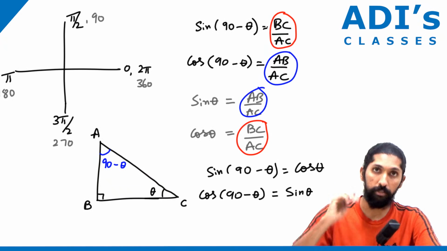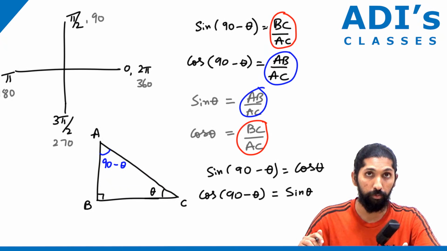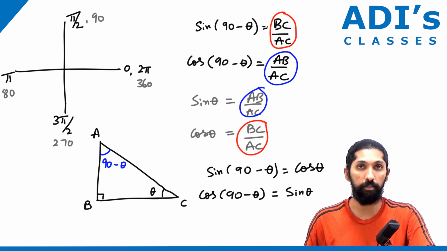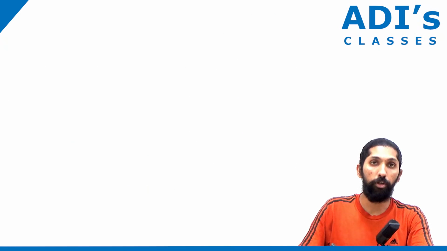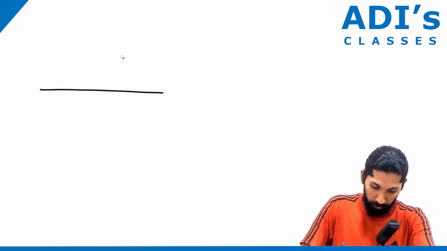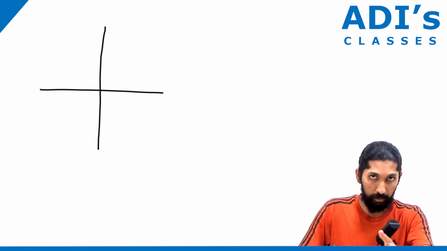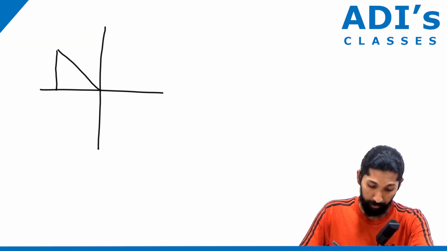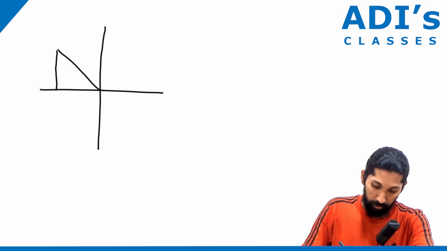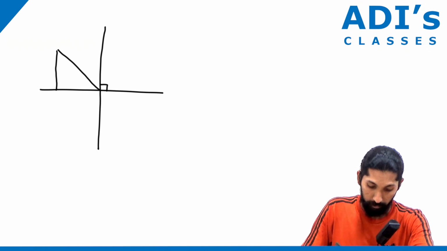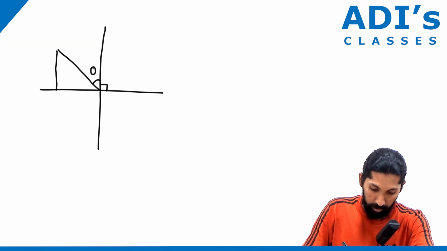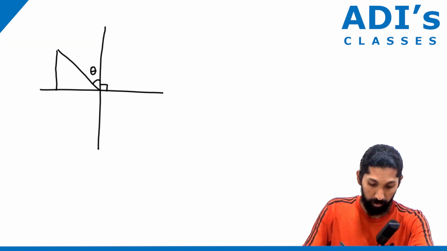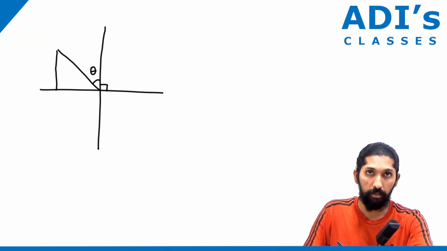What if you have 90 plus theta? Then what will you do? For that, we'll consider the next case. Assume you have the same thing again, and we'll keep the triangle on this side. Now, see here, this part is 90, correct? Assume that this value is theta. So the entire angle is 90 plus theta.